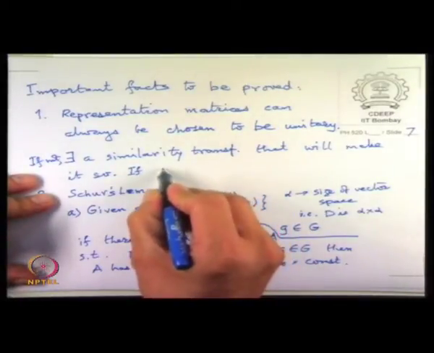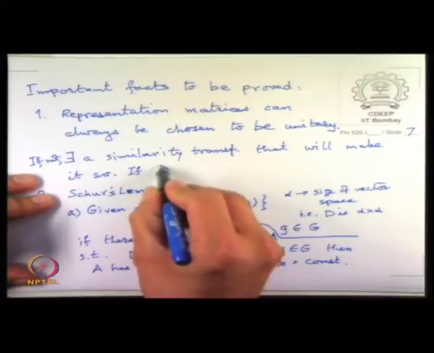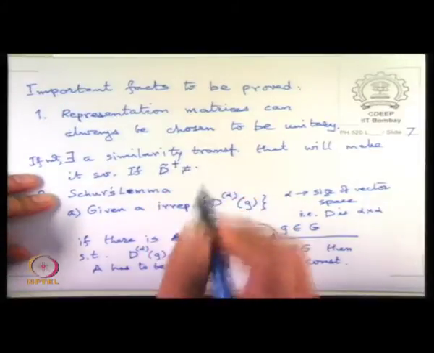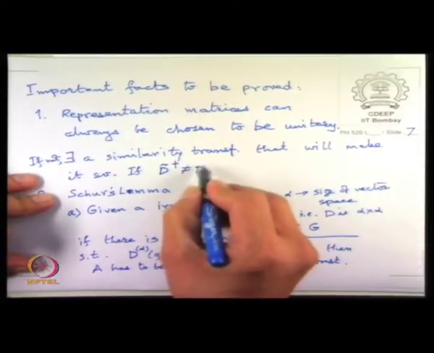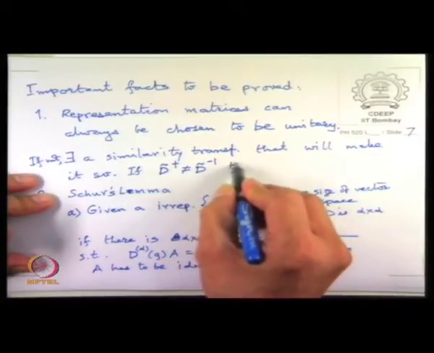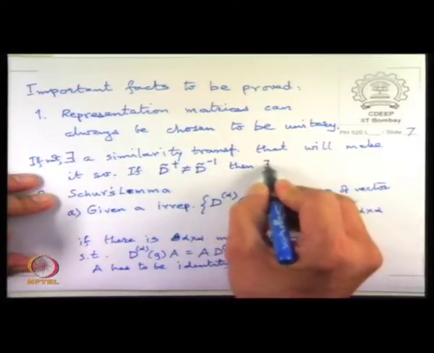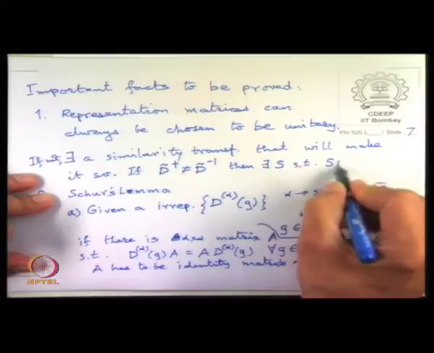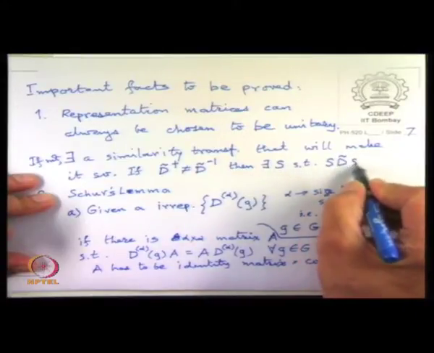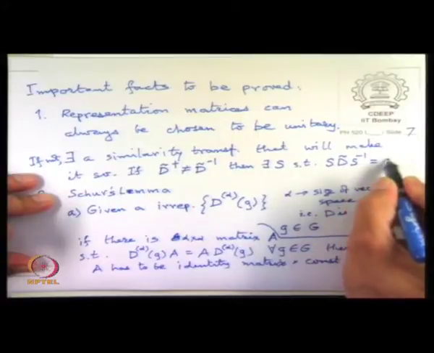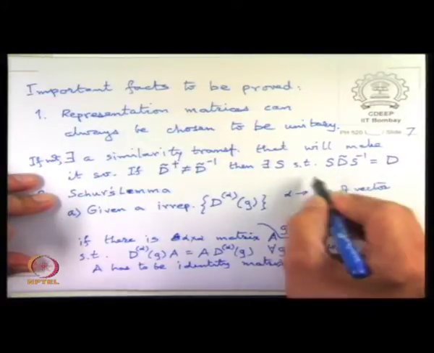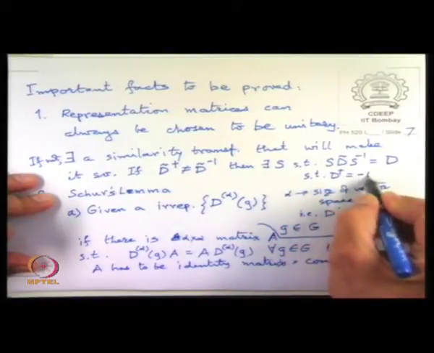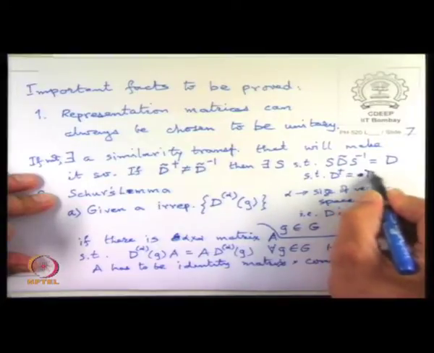So if D tilde dagger is not equal to D tilde inverse, then there exists S such that S D tilde S inverse equal to D, where D is unitary. I should have used another paper, but sorry, my D dagger equal to D inverse.